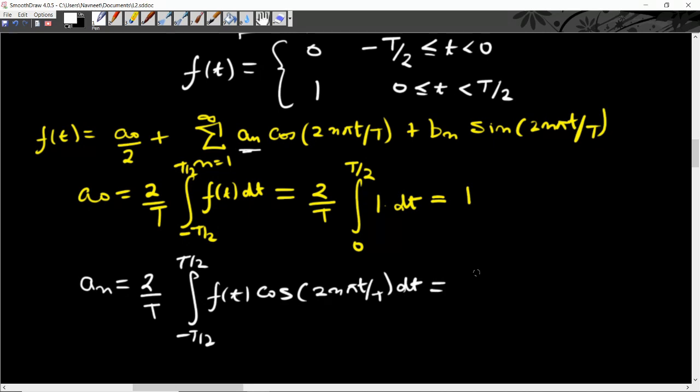And because our function is non-zero only for the interval 0 to T by 2, this integral simplifies and that function takes on a value of 1 in this interval.